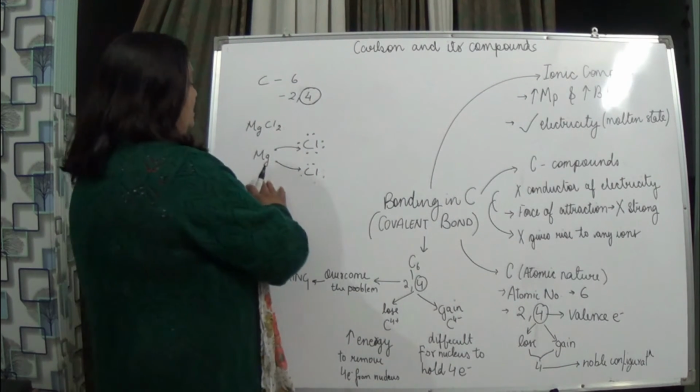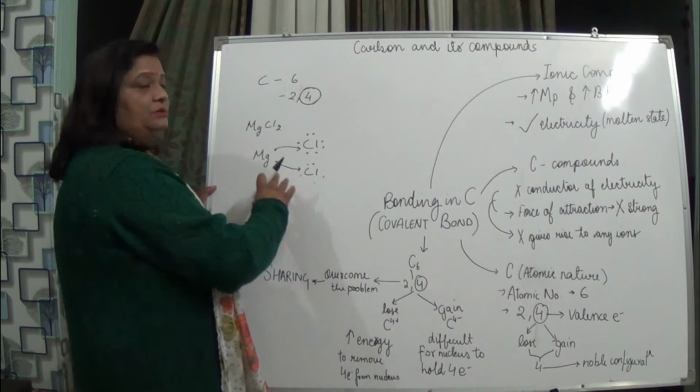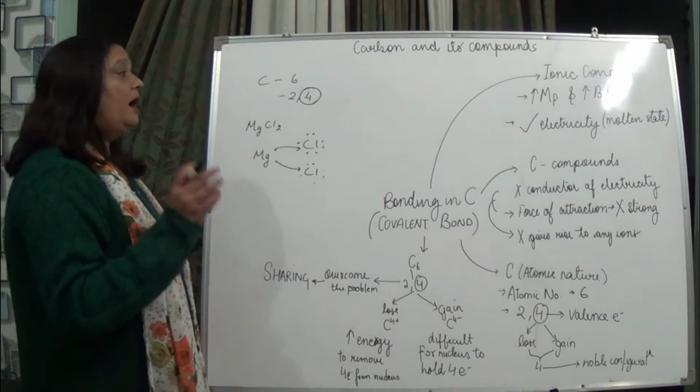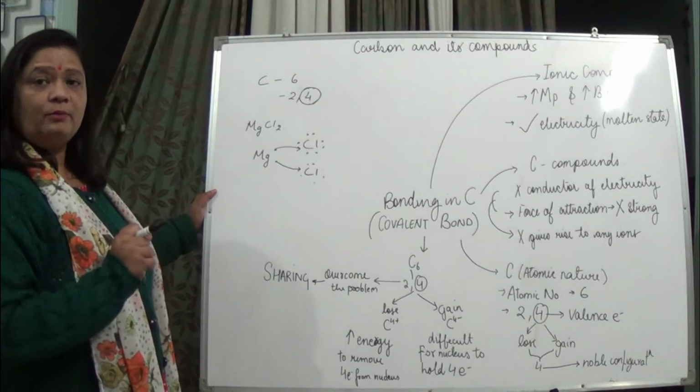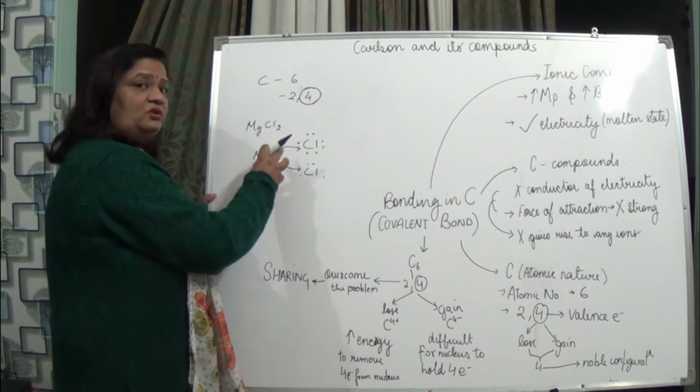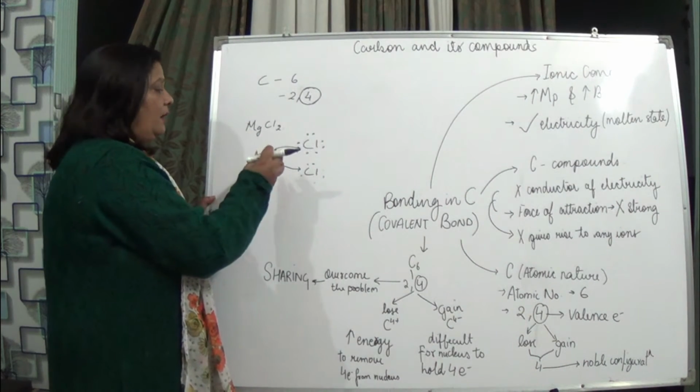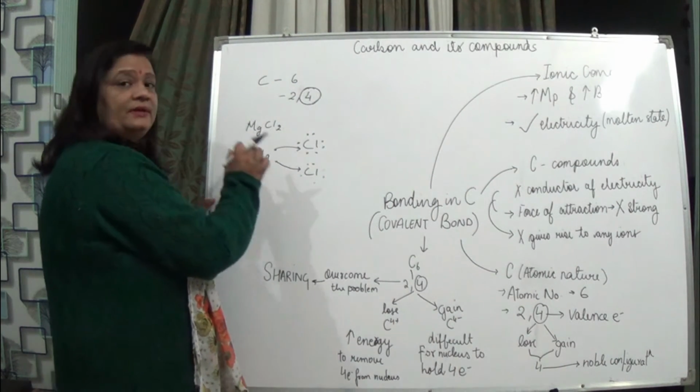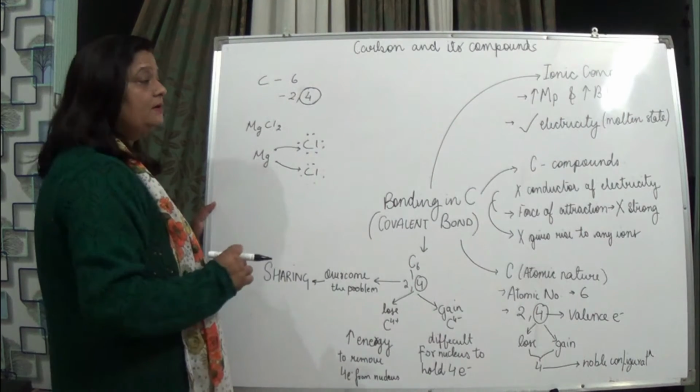And when there is transfer of electrons, the compound has a higher melting point and higher boiling point, because a strong electrostatic force of attraction is there between the atoms of the elements which are combining.